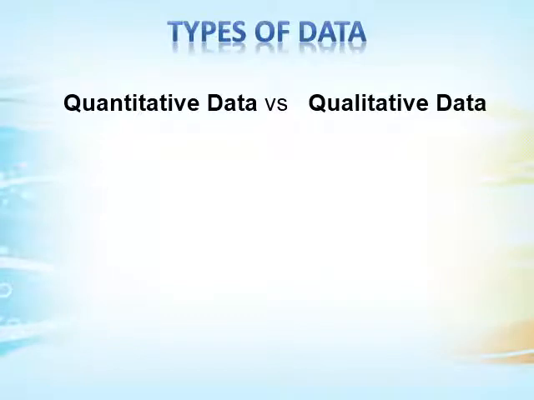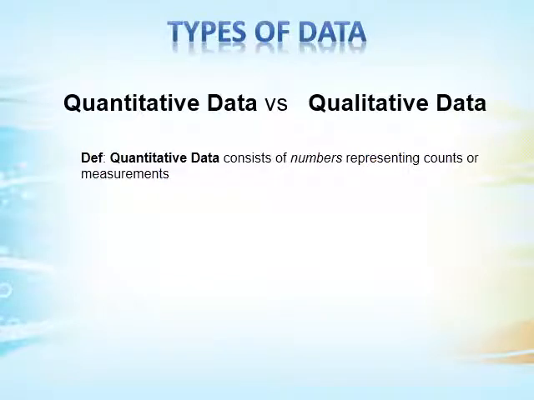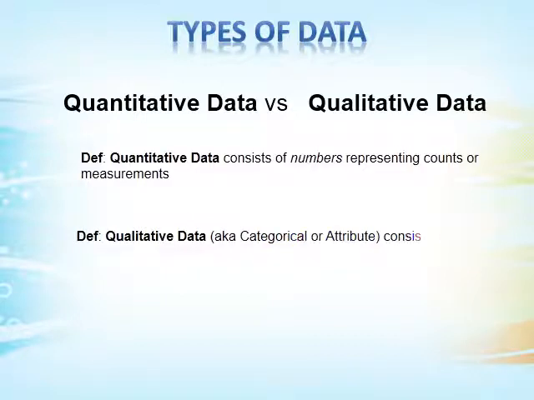So we'll often encounter quantitative data and also qualitative data, and so it's important to know the difference between the two. Quantitative data consists of numbers, and those numbers could either represent counts or measurements, whereas qualitative data, which is also called categorical data, or less often attribute data, consists of names or labels that are not numbers.